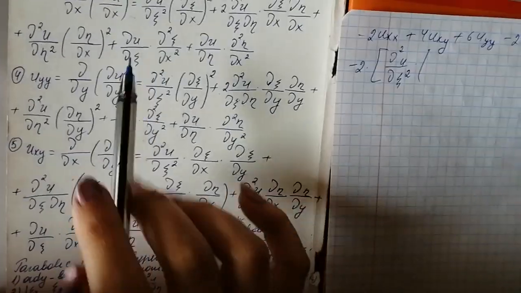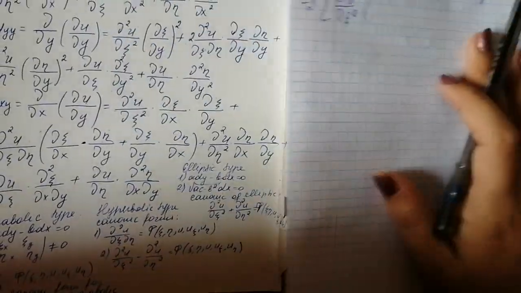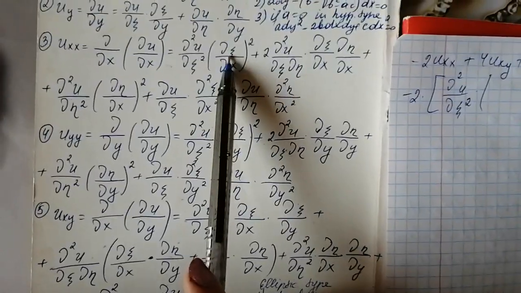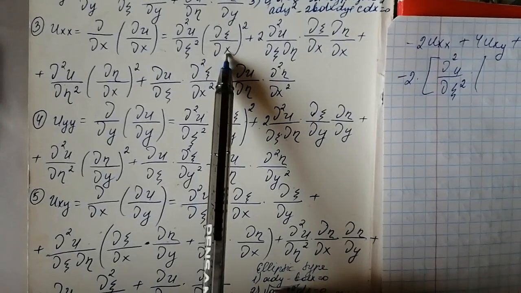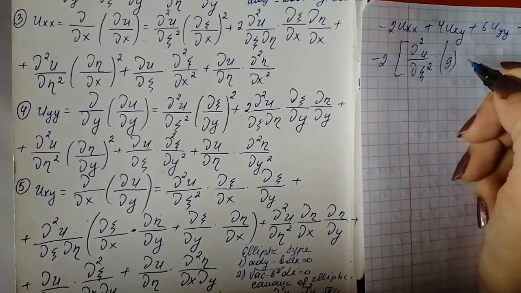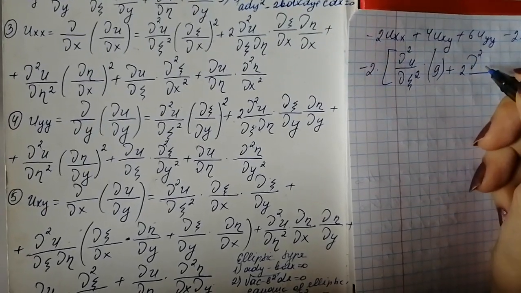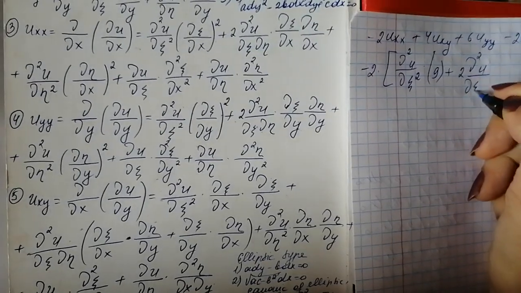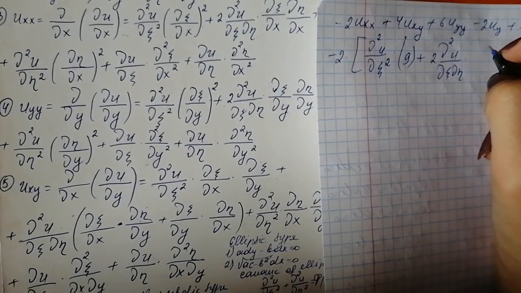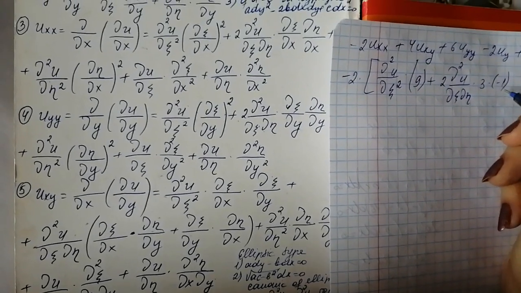Now let's write them in the formula here. You know that this is dxi/dx, this is 3, and 3 squared will be 9, plus 2 times 3 times negative 1.